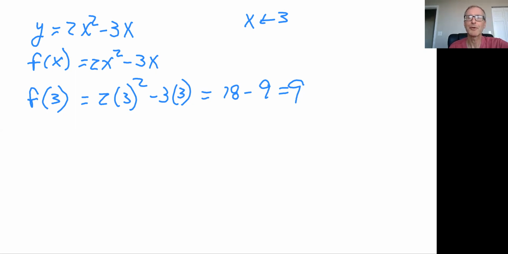So there are other ways to do that. So whatever is inside here is what you plug x into. So let's say we do this one. Let's see. Get my eraser right here.